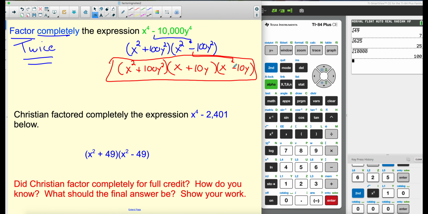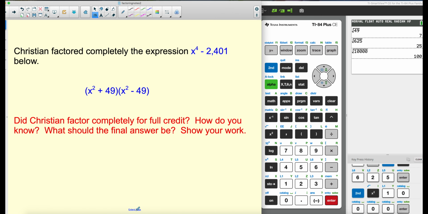Last one. This is a perfect example of a part 2 Regents question. Okay? It said Christian factored completely the expression x to the 4th minus 2,401 below. Christian got x squared plus 49 times x squared minus 49. This is probably because, guys, he forgot where the stream was and he didn't see our lesson.